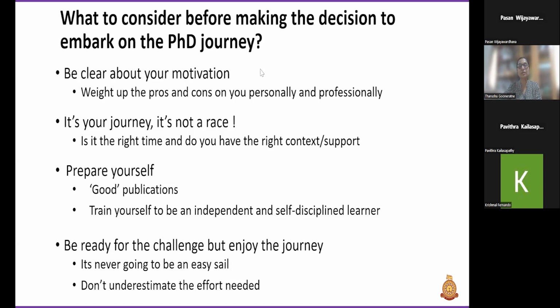So don't, we say don't salami slice. Especially if it's masters, you can't be breaking it up and having many. Rather, just work on one good publication out of your masters.